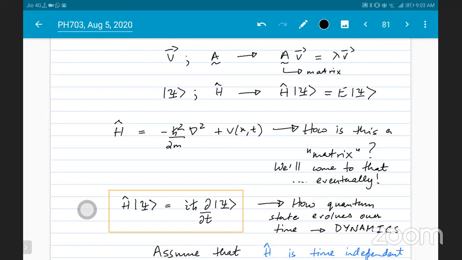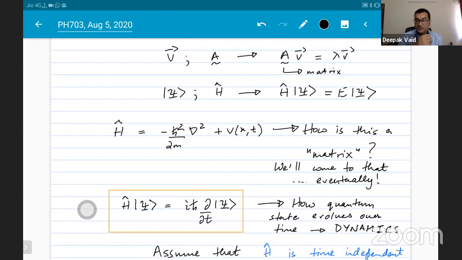So psi naught will change, right? Right, psi naught will become whatever it collapses into, that will be your new psi naught. Then you continue evolving, and again you make a measurement, it collapses into some state, that becomes your new psi naught, and from there it starts evolving again.